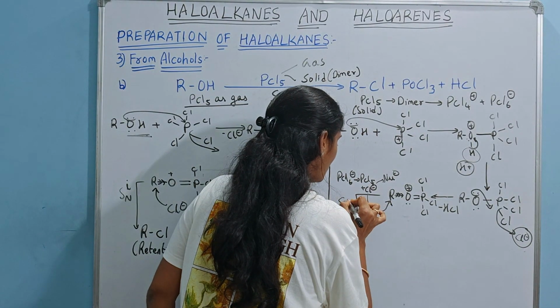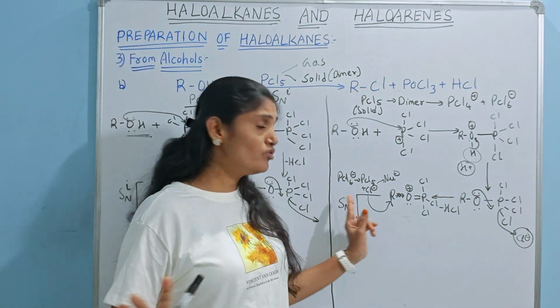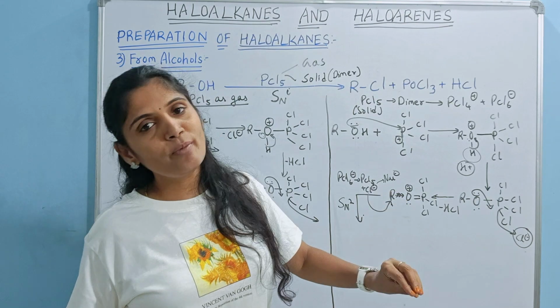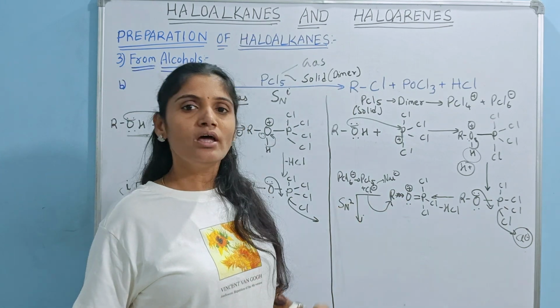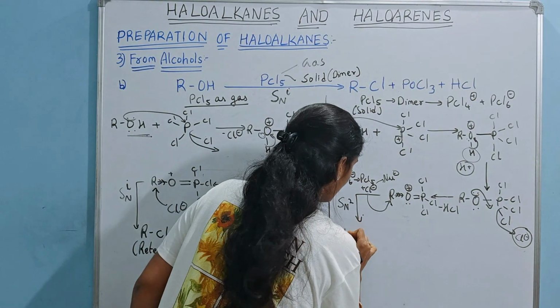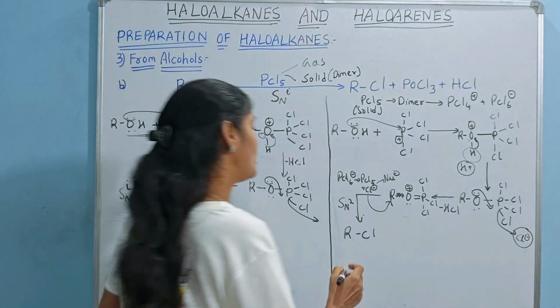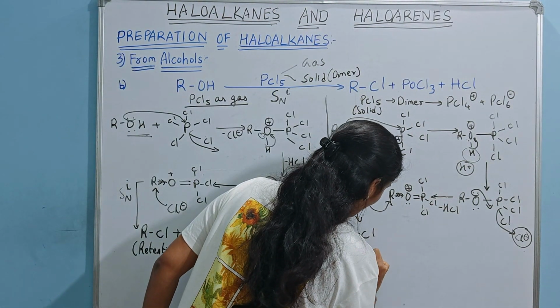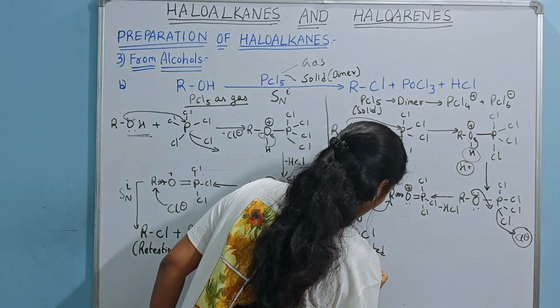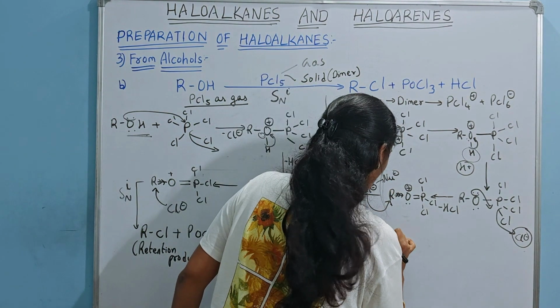Because the nucleophile is attacking from the backside, and there is no carbocation formation, this is SN2 mechanism, your nucleophilic substitution reaction. Because this Cl minus attacks here, it will form RCl, and you know SN2 mechanism forms which product? Inverted product.